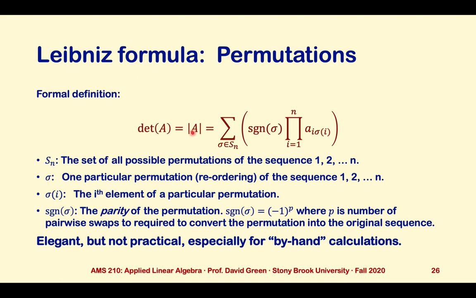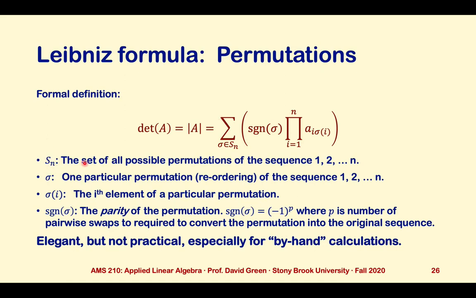The determinant of the matrix A can be written as a sum of terms, where each of those terms involves a product of entries and a sign. Now, what does this extra notation in here mean? Can we walk through the meaning of this expression?